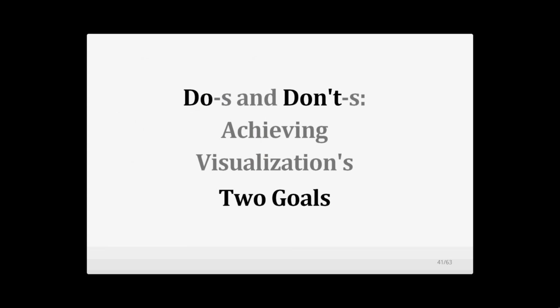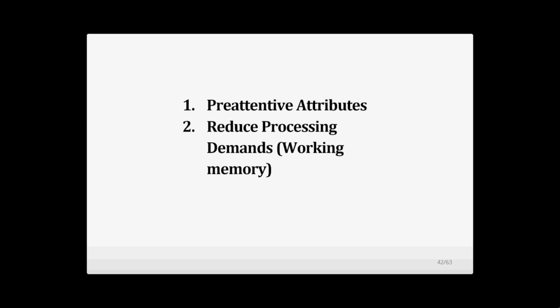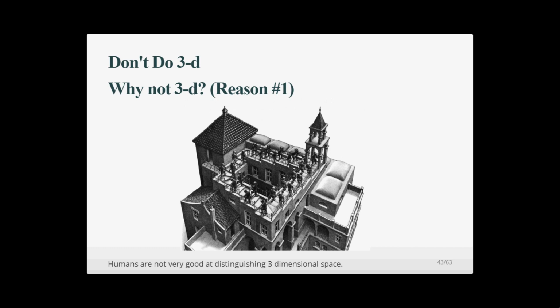Well, let's look at some do's and don'ts for achieving visualization's two goals. Remember, those two goals were to use preattentive attributes effectively and powerfully, and also to reduce processing demands on the working memory. Don't do 3D.